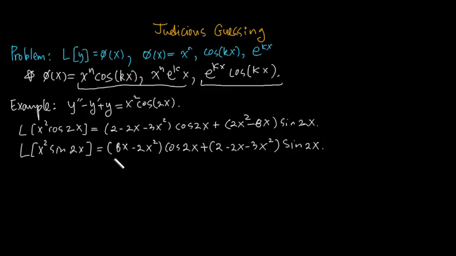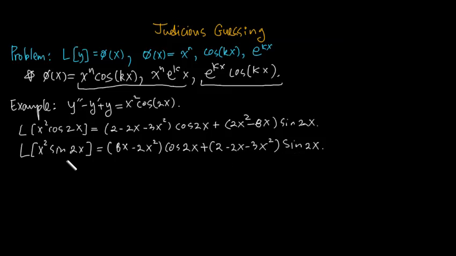After you go through and simplify, these are the coefficients of cosine 2x: 8x minus 2x squared, and 2 minus 2x minus 3x squared. They are similar to each other because they only differ by a slightly different order of repeating sine and cosine.